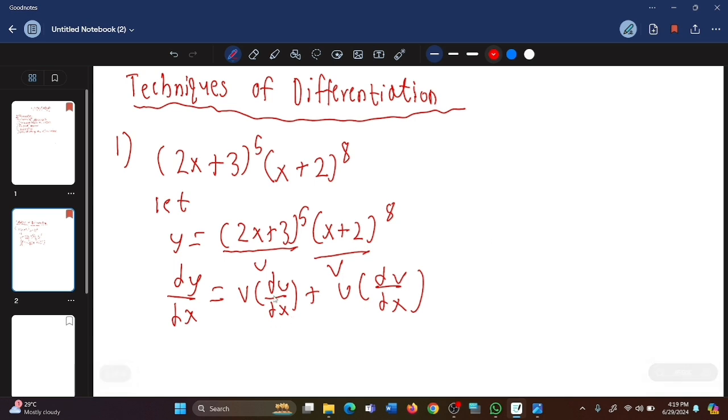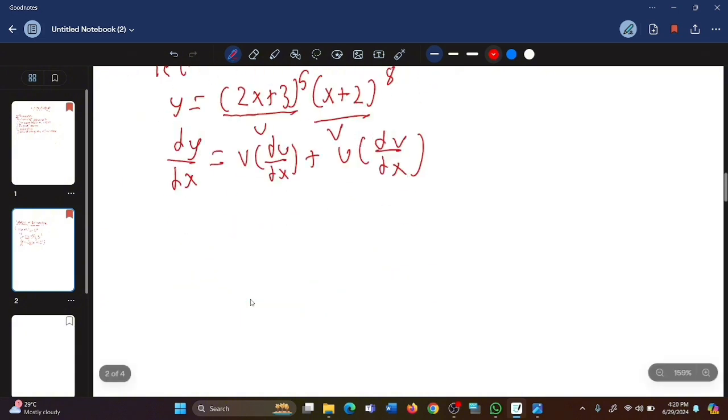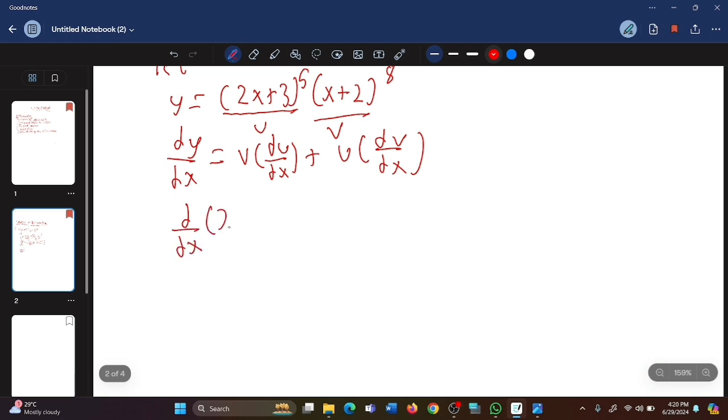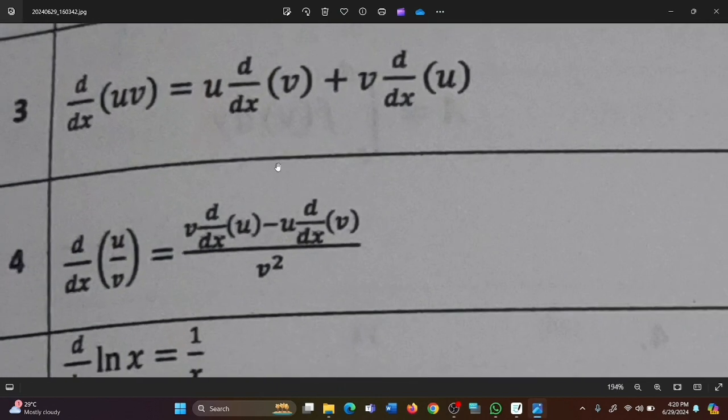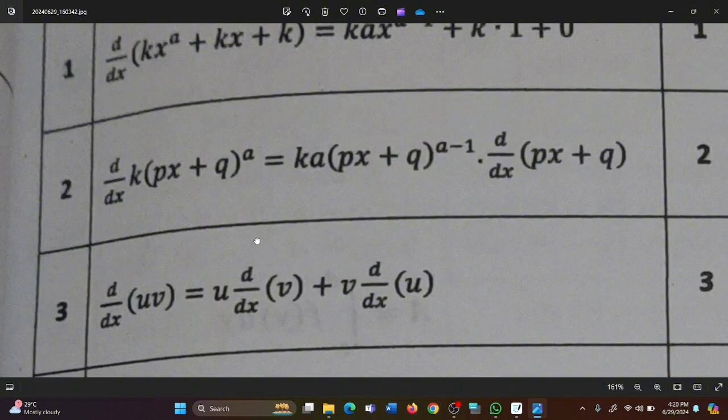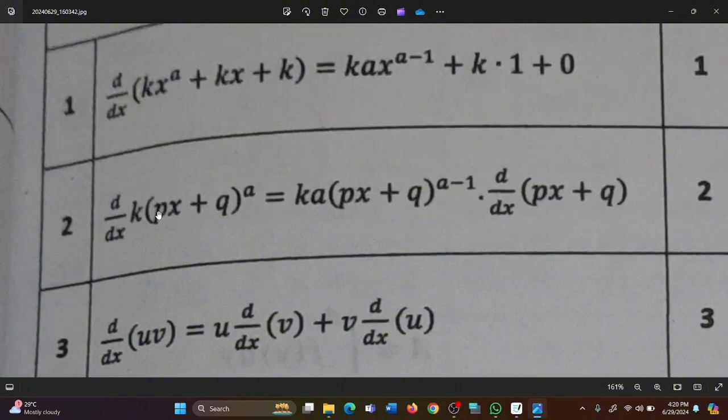So we need to differentiate u, then we need to differentiate v. First let's differentiate u: d/dx of (2x + 3) to the power 5. How do we do this? To differentiate this particular equation, we have another formula. If you look at the second formula, it shows a bracket with a variable inside and a power outside the brackets.